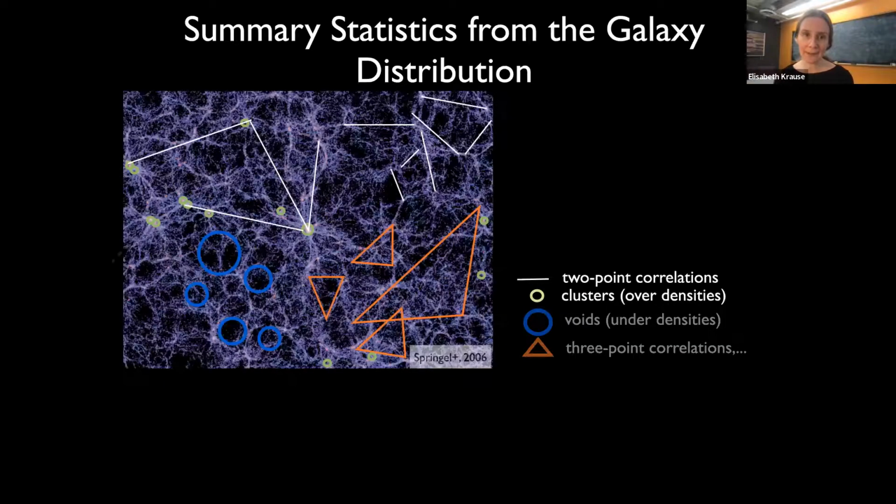So I'll talk about analyses that condense these catalogs of billions of galaxies into measurements of the two-point correlation function, counting clusters, the largest peaks in the distribution, or more experimentally characterizing the most extreme underdensities, or later on potentially also three-point correlation functions. There are other approaches doing this comparison at the field level, but summary statistics so far are the workhorse of these cosmology analyses.